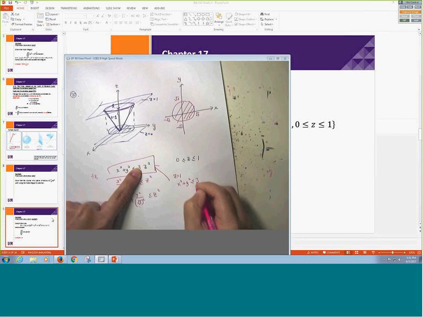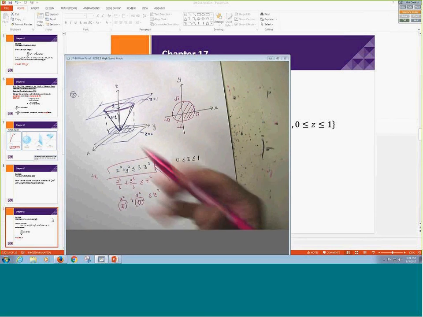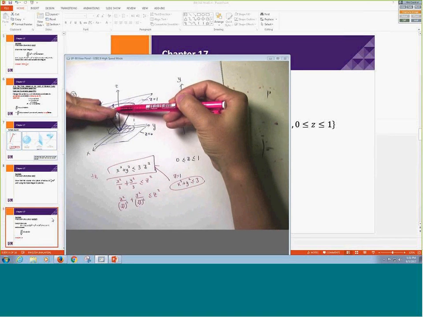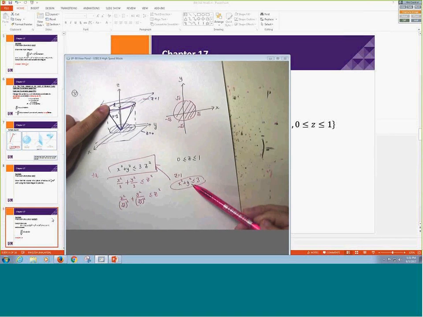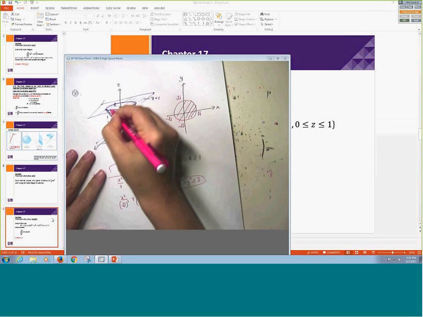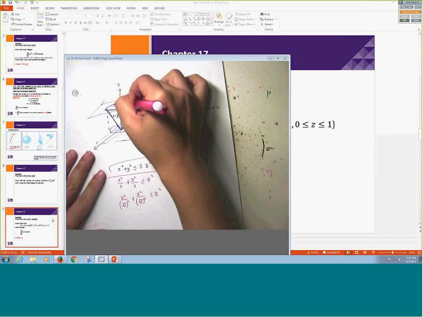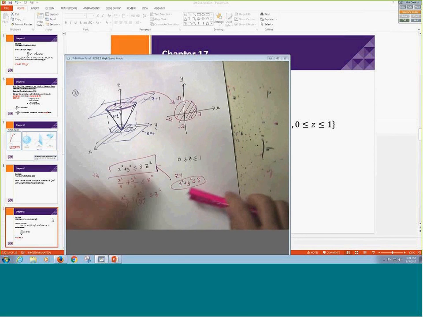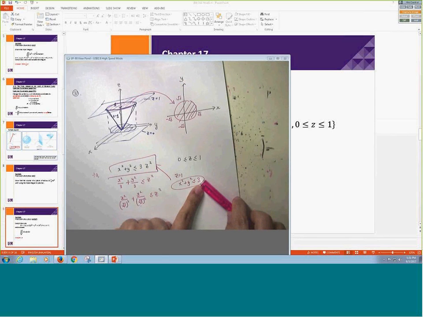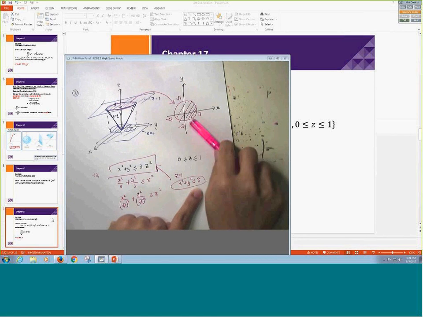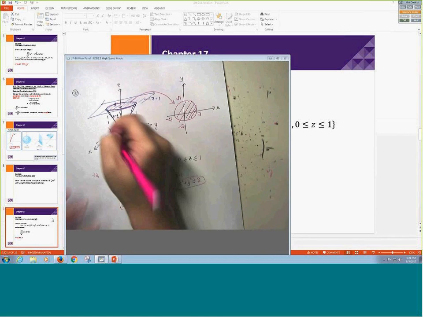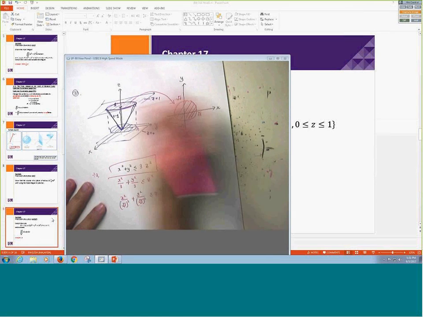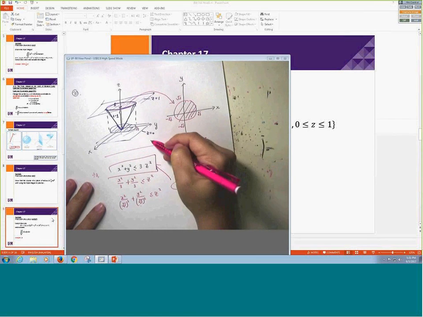That means at level z equals 1, you get the circle with the radius 3. So this actually represents this circle. So this is the cone. You need to sketch the 3D and the 2D.